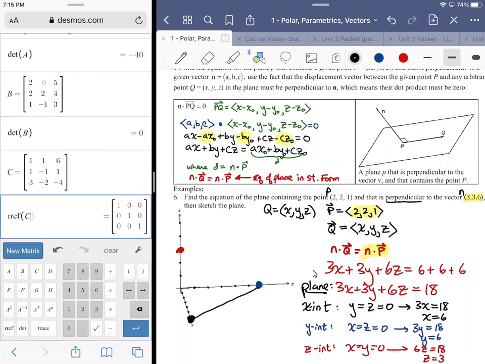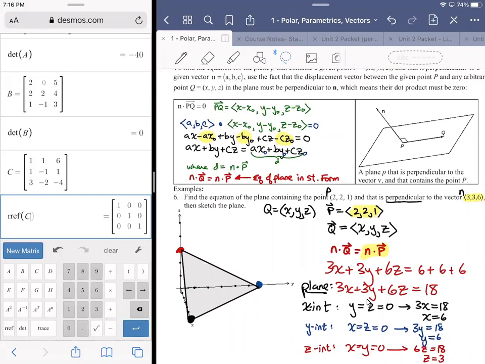So line segment, line segment, line segment, and then shade that bad boy in. Let me see if I could actually use my shading function. Yeah, there you go. But shade it in a way that makes sense to you. But that would be the first octant cross section of that plane.